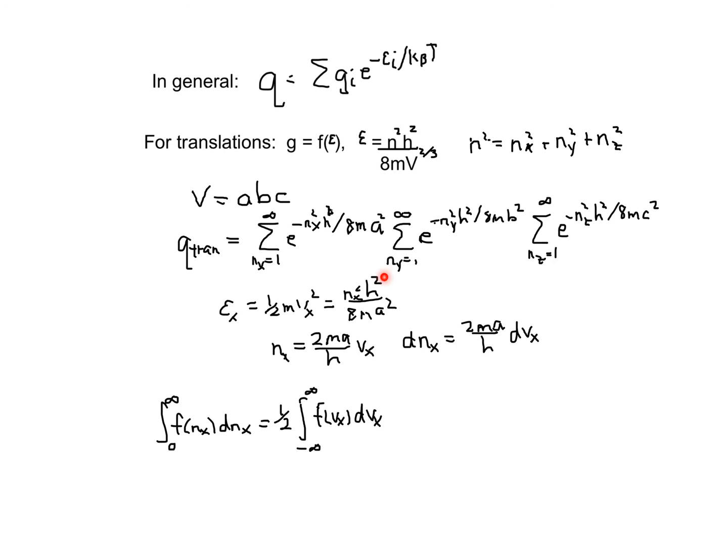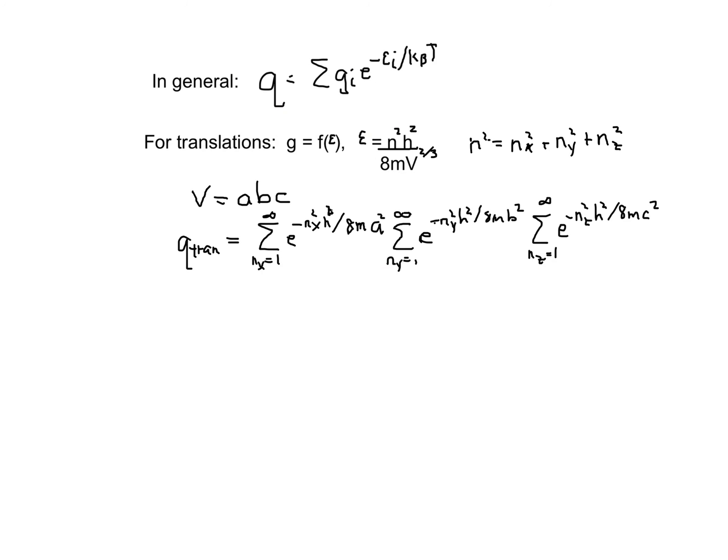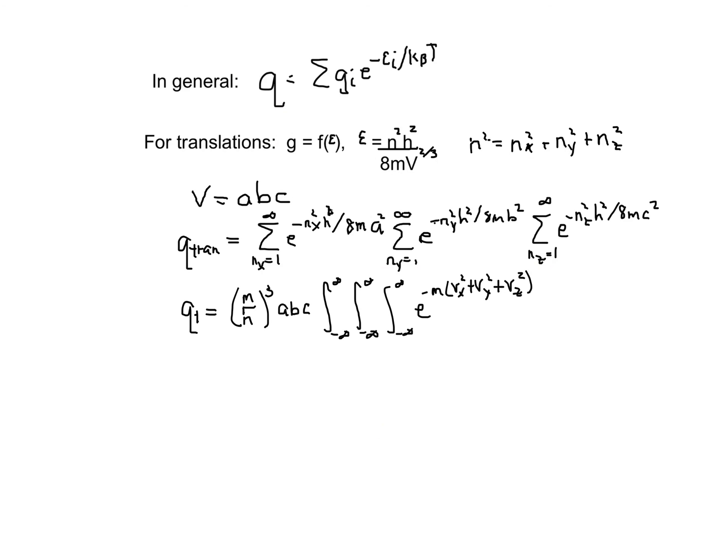Writing the sums over ny and nz in a similar manner, we can now write the translational partition function as qtrans equal to m over h quantity cubed, a times b times c, times the triple integral, each limit being from minus infinity to infinity, of e to the minus m times vx squared plus vy squared plus vz squared, divided by 2kBT, dvx dvy dvz.